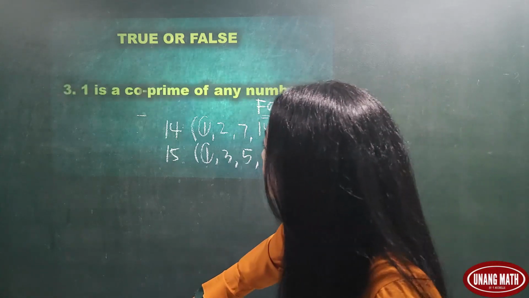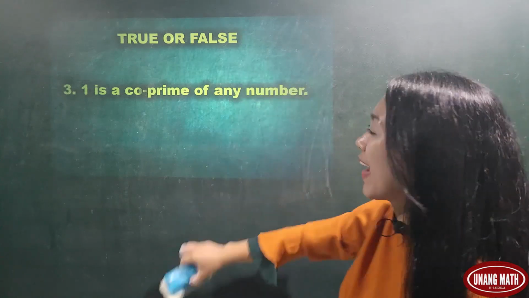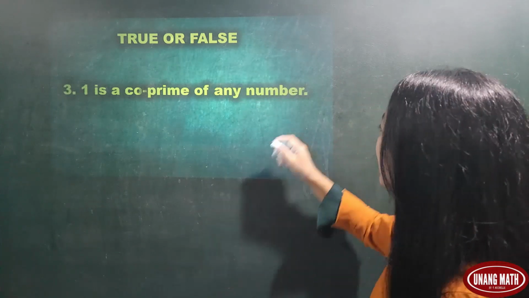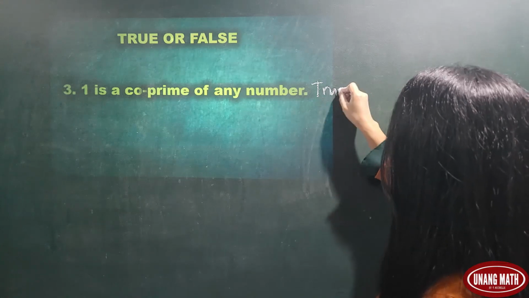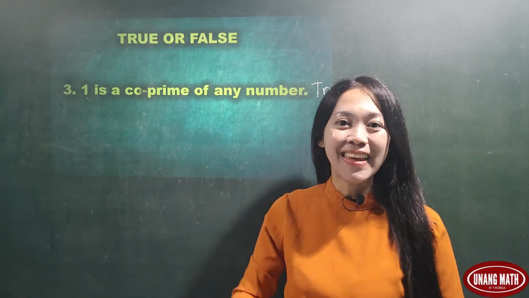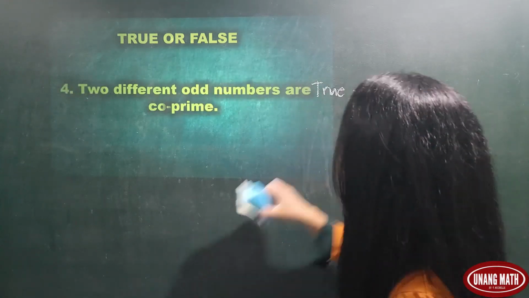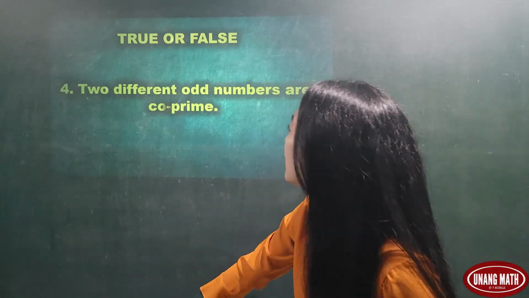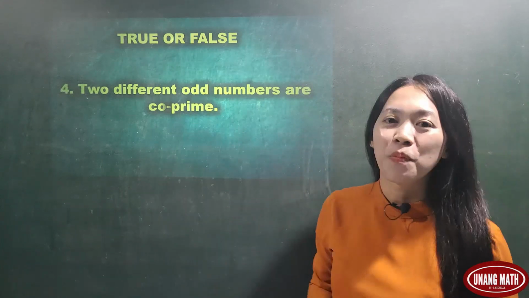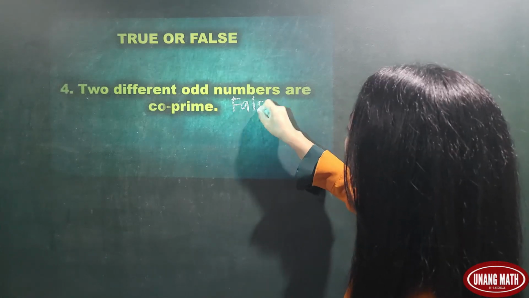Let's move on to the third statement. 1 is a co-prime of any number. This statement is true because 1 has only one factor, and that is 1. Fourth statement: two different odd numbers are co-prime. This statement is false.